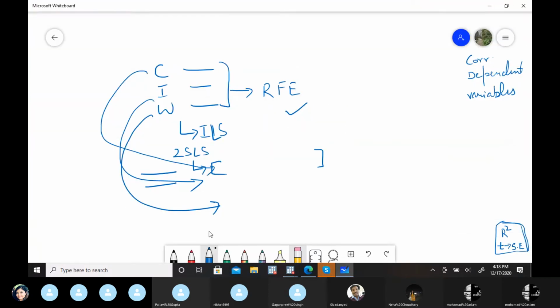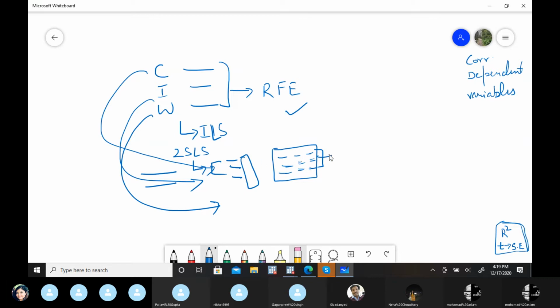So when you get the 2SLS estimates for these three equations, the difference will be that your dependent variable will differ, but your independent variables are more or less the same, because wherever there are excluded predetermined variables, we estimated those variables from the other equations, and endogenous variables we have excluded from these equations. So now your independent variables are more or less the same in all the equations.